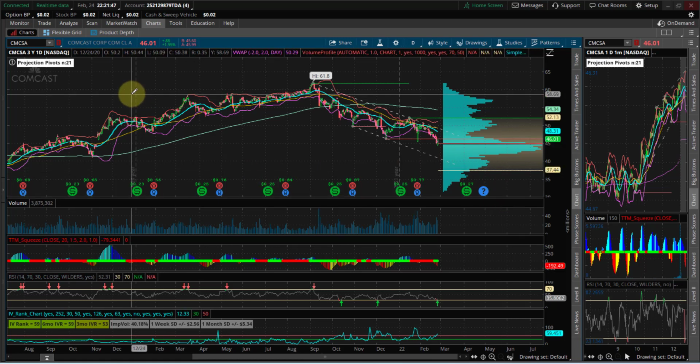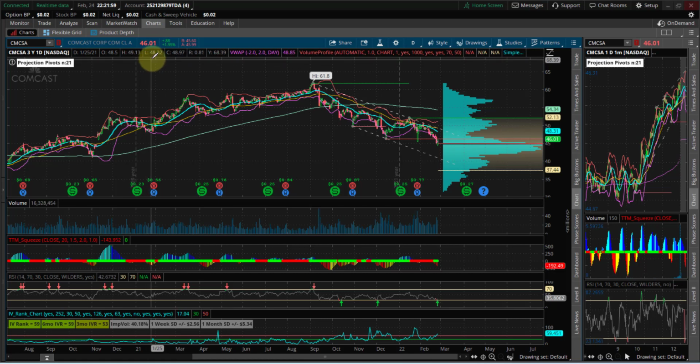But maybe you don't want to buy 100 shares of stock, which for Comcast at $46 a share would cost you $4,600. Maybe you don't have $4,600 to drop on Comcast to do a covered call.